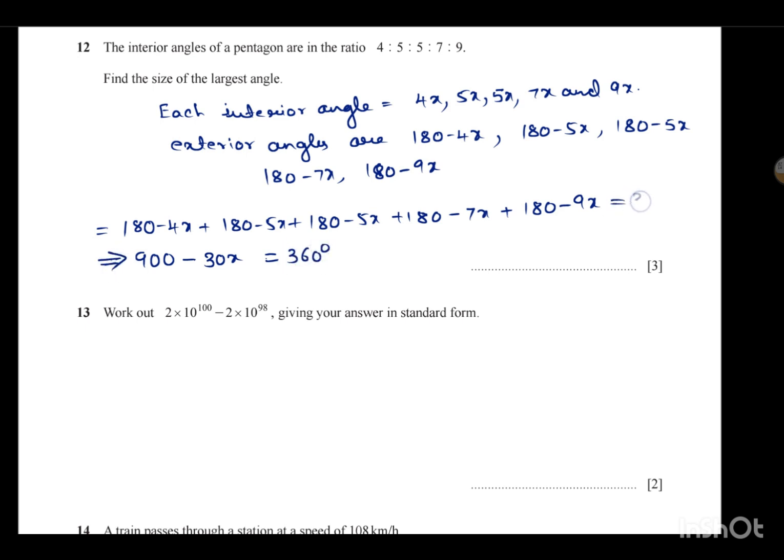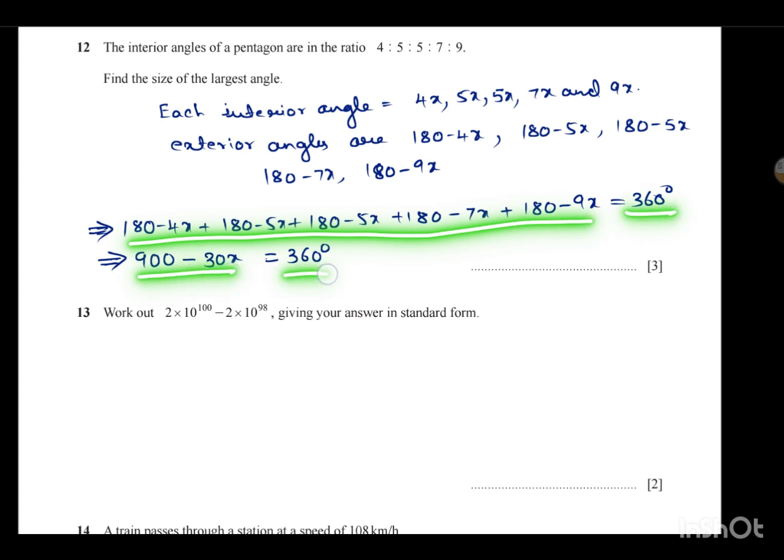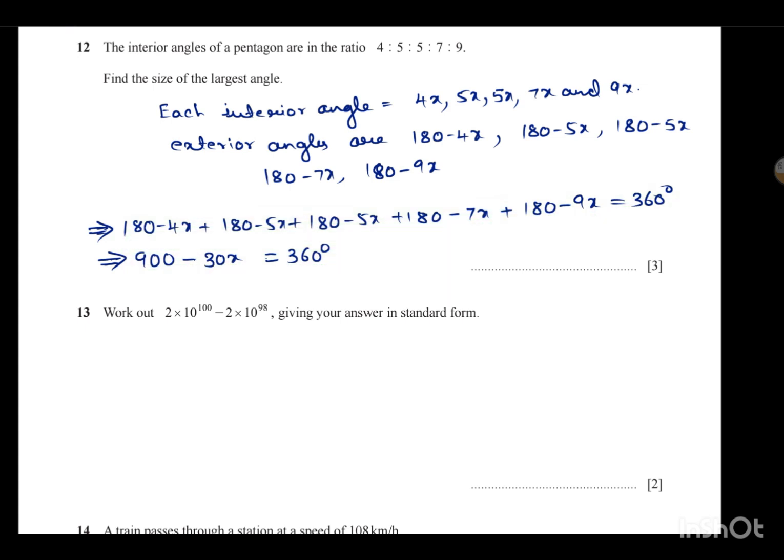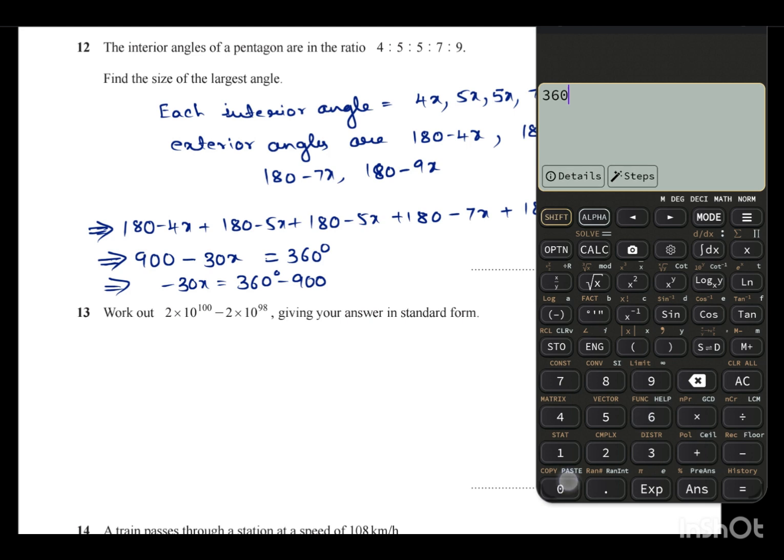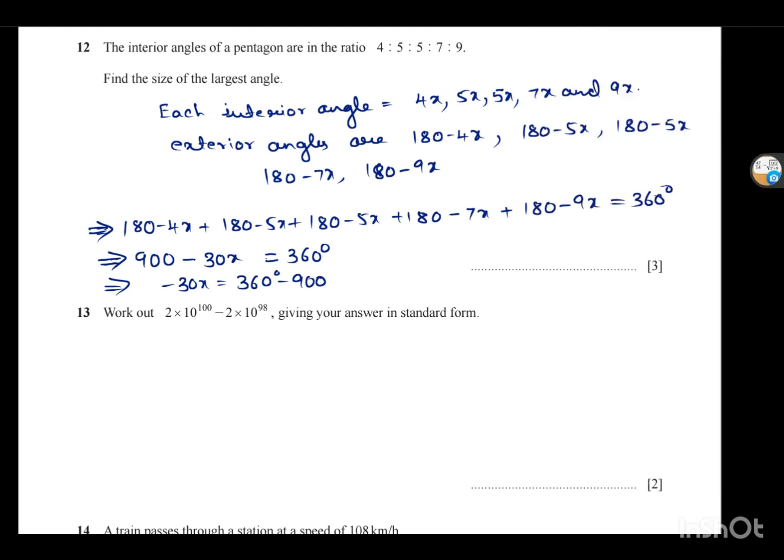This is the sum of all the exterior angles, equal to 360. When we simplified we got this, and we equate it to 360. Next step, keeping minus 30x, bring 900 to the other side. 360 minus 900 is minus 540.